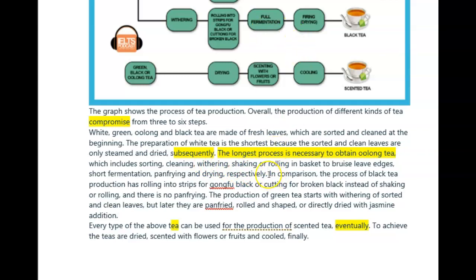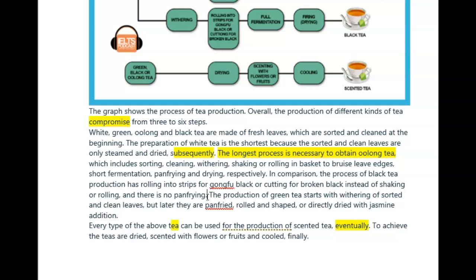Well done. In comparison, the process of black tea production contains, or you need something now instead of has, includes rolling into strips or cutting into broken black instead of shaking or rolling, and there's no pan frying. Yeah. Green tea starts with withering of sorted clean leaves, but later they're pan fried, rolled or shaped.